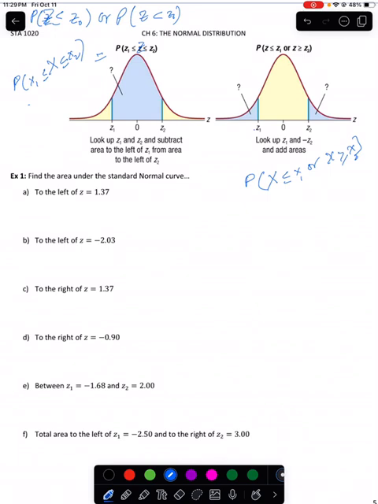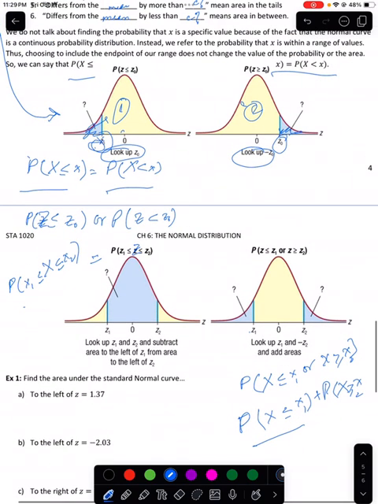This will be the same as the probability that X is less than or equal to x1 plus the probability that X is greater than or equal to x2. To find this, the first term is the case of the first picture, and the plus probability that X is greater than x2 is the case of the second picture.